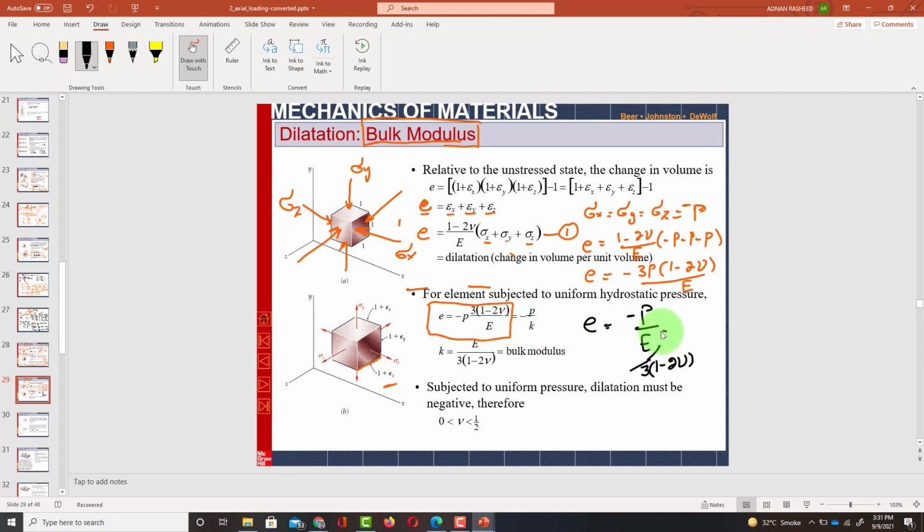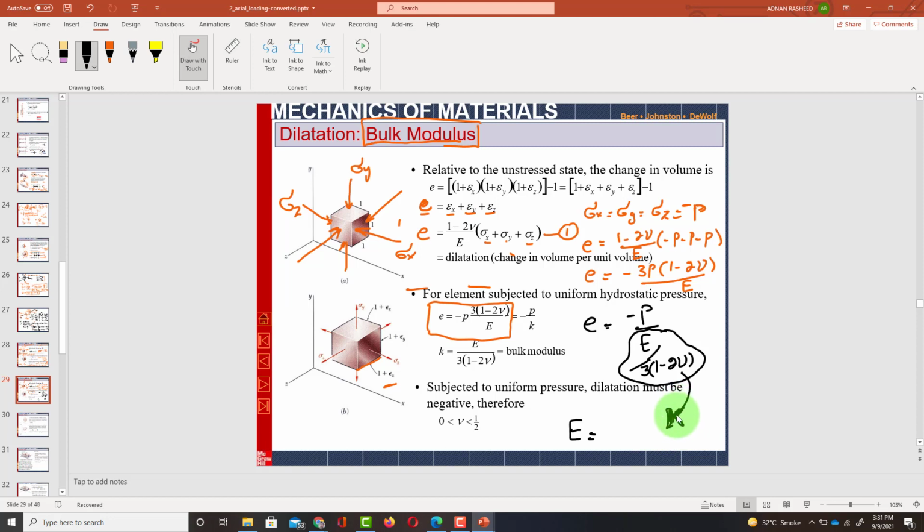अब इस टर्म को, ये E over 3 into 1 minus 2 nu, this is a constant and it is represented as K, and this constant is known as bulk modulus. जिस तरह E था हमारे पास यंग मॉडुलस था, तो K जो है वो बल्क मॉडुलस है. और बल्क मॉडुलस किस लिए फाइंड करते हैं?